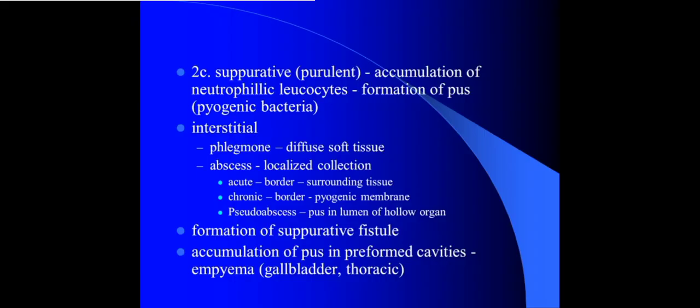If it is not cured at a particular time, that inflammation will act as a chronic inflammation. Accumulation of pus in preformed cavities, such as empyema, gallbladder, thorax. In a fistula also, pus will be present. When there is no cure of that inflammation at a particular time, pus will be formed in that inflammation, and it is released.